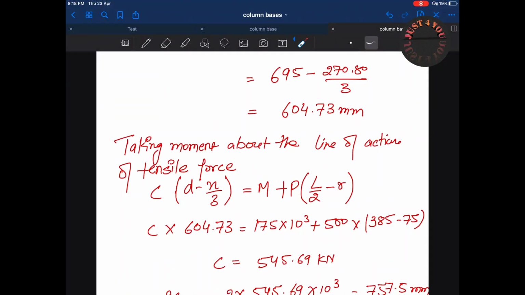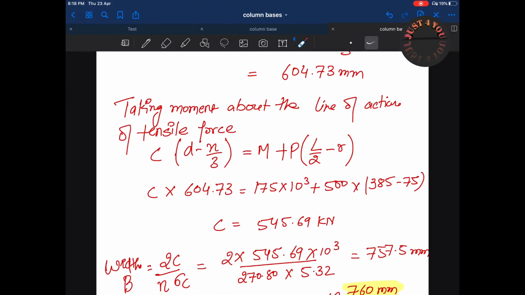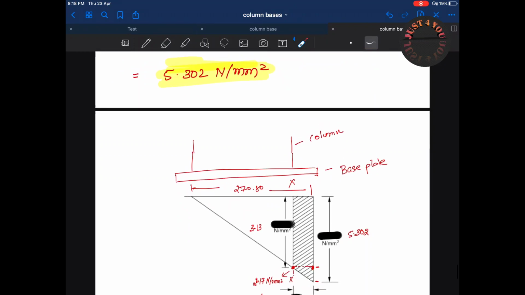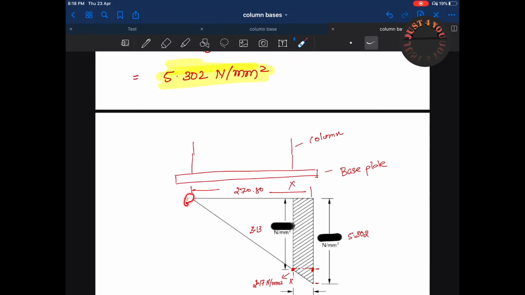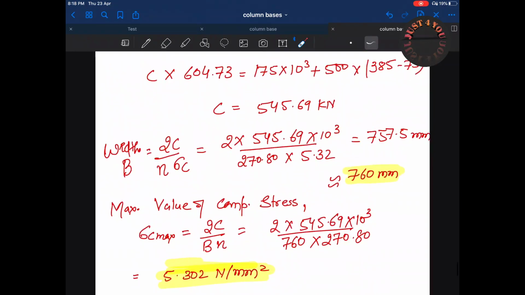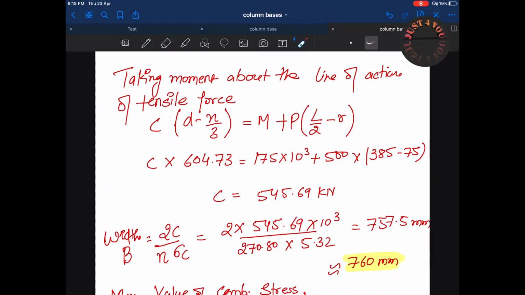Now we have to take a moment about the line of action of the tensile force. As I told you earlier, the line of action of the tensile force will be at this point. The equation from the design steps is this.